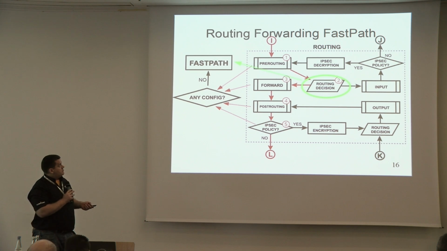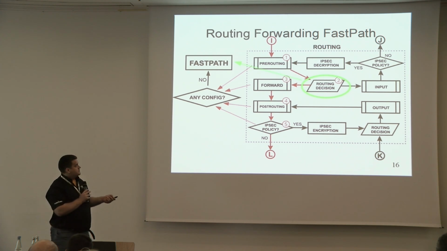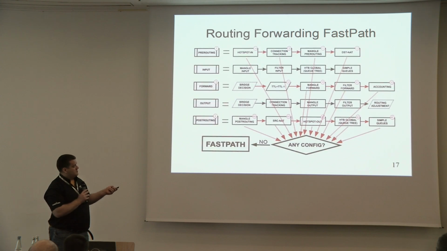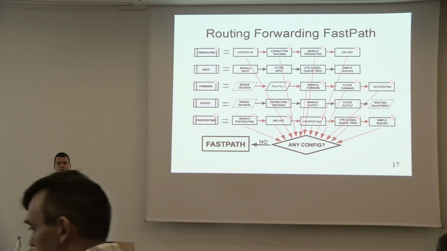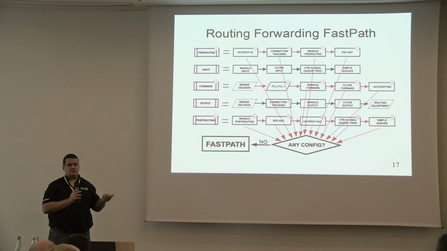If we talk about routing, then we also need to check if there's any configuration here. If no configuration, go to the FastPath. Of course, as we know, routing is a little bit complicated, so that's why we need to check all these boxes. What happens if you configure something?